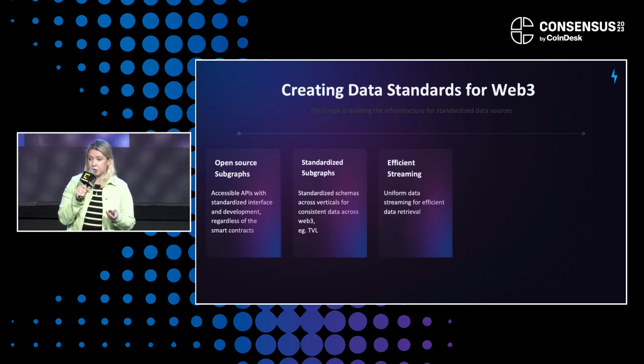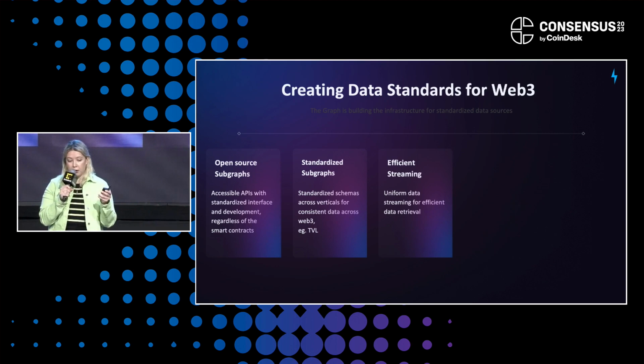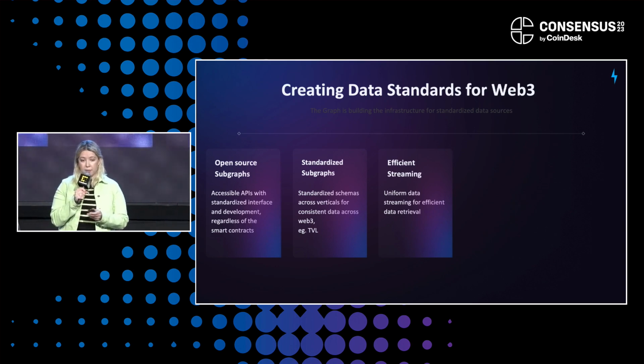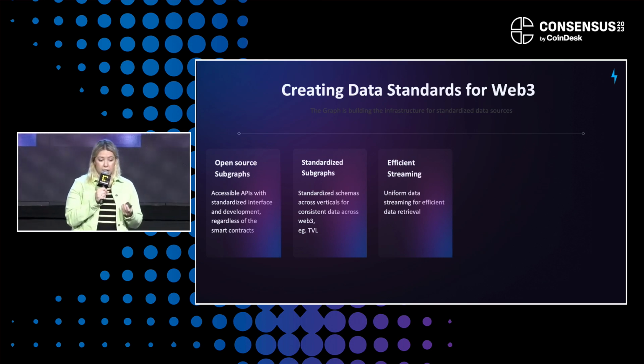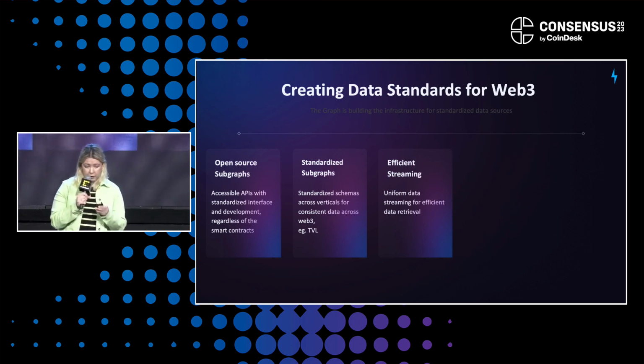The next is efficient streaming. So right now, you can use The Graph by running a graph node and using a node operator, or running the node yourself. But one thing we realized is the actual streaming and pulling of data to serve the subgraph is very different across each chain. It's very different even sometimes depending on the smart contract itself.